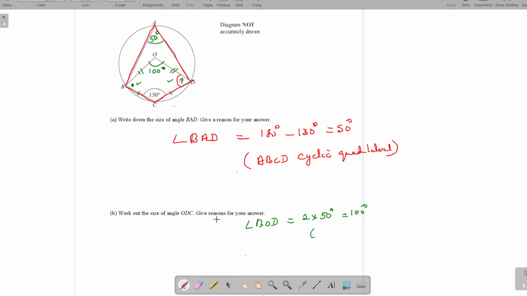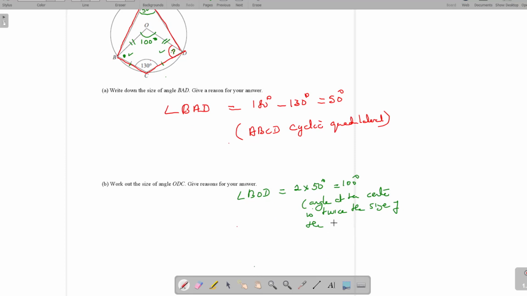Then we have to say the reason. Angle at the center is twice the size of the angle at the circumference when it's made by one arc.